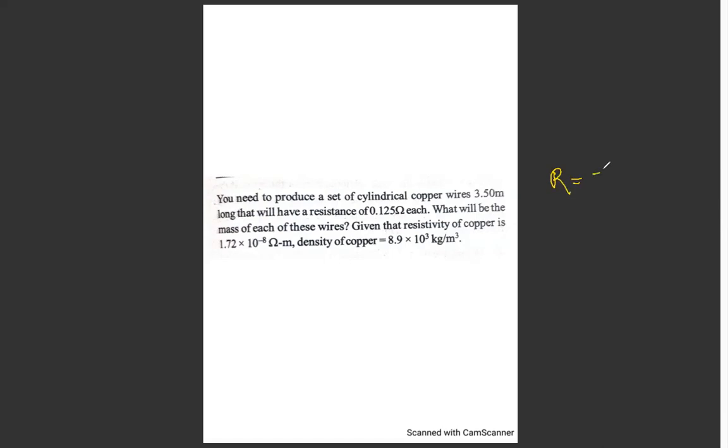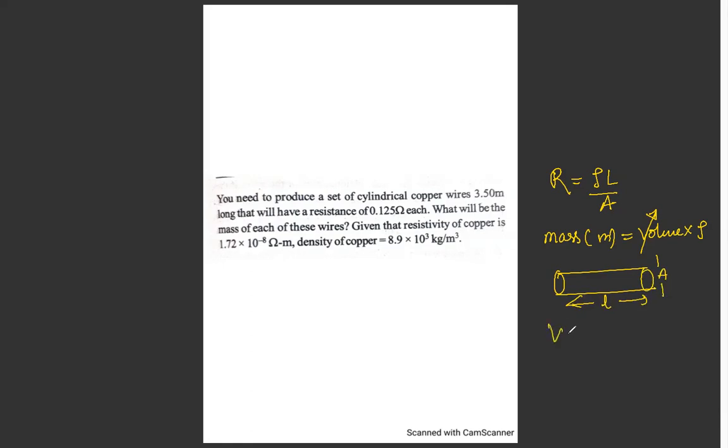As we know, resistance is equal to rho L by A, and mass M is equal to volume into density, right? And how do we calculate the volume of a cylindrical wire? If this is the length and this is the area, we calculate the volume equal to area into length.